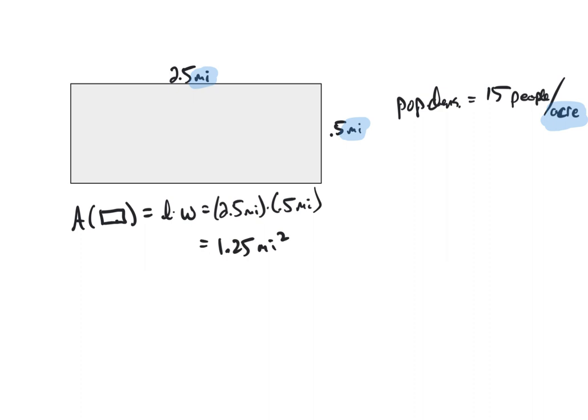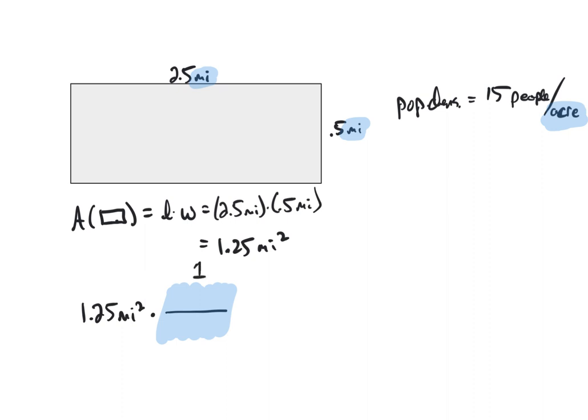Okay, then we have to make the conversion and we have to change 1.25 square miles to acres. All right, and so what we're going to do is multiply by a fraction that has a value of 1.